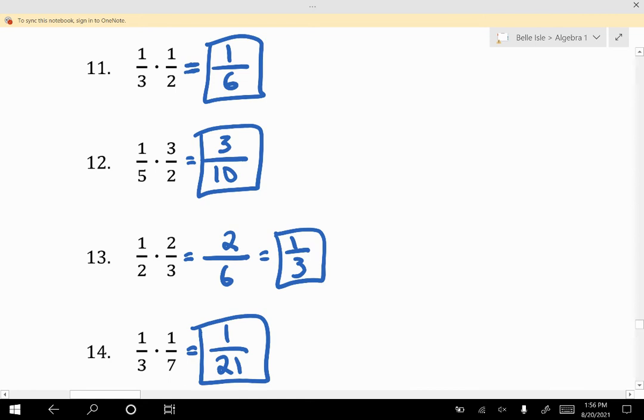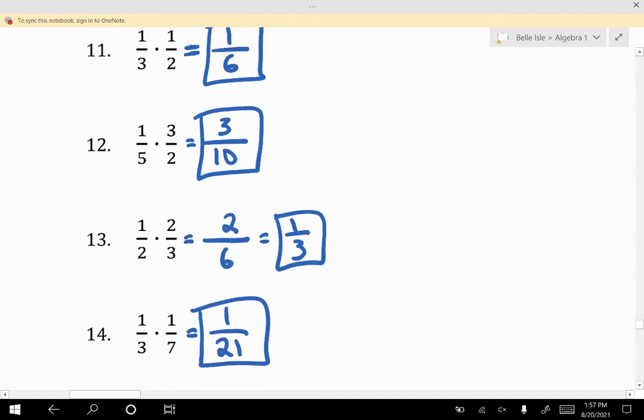Number 13, I had a question about this, so I would like to talk about it for those of you interested in getting full credit. This is a good example of the difference between you getting a 3.5 on a standard or a 4 from me. If you get that 2 over 6, then I know you know how to do it. You've shown me a high level of proficiency, so you would get a 3, maybe a 3.5, depending on the problem. If you want the 4, you need to simplify it always. If you can, then you should.